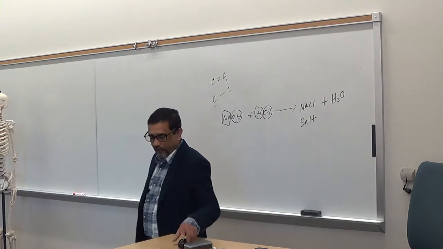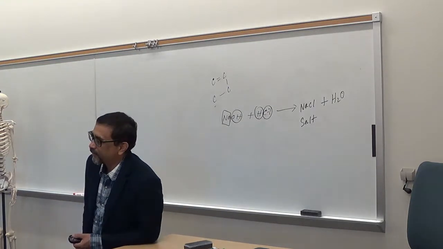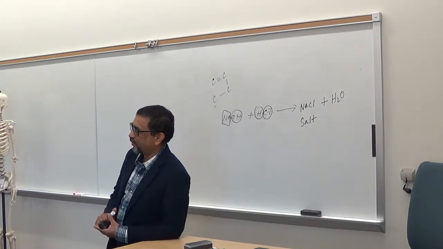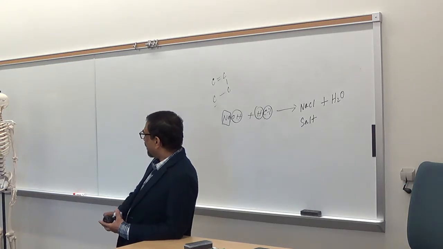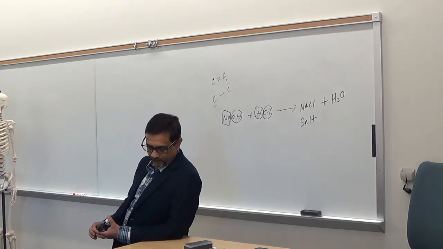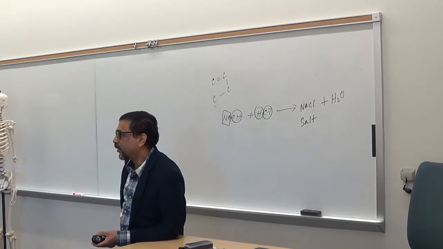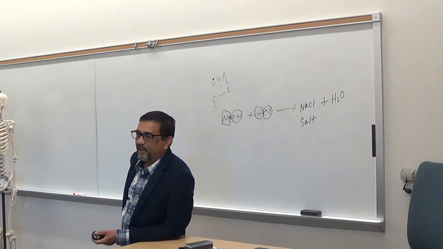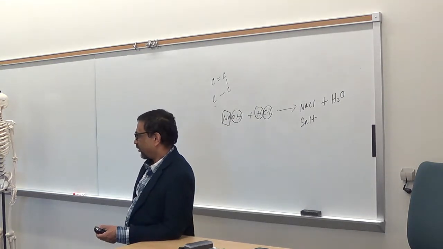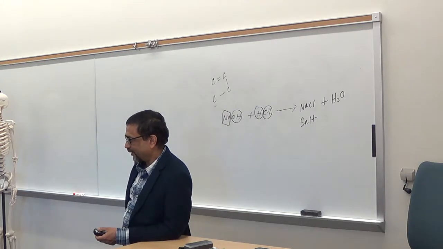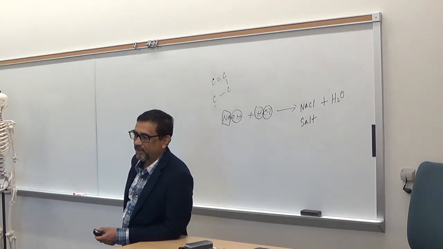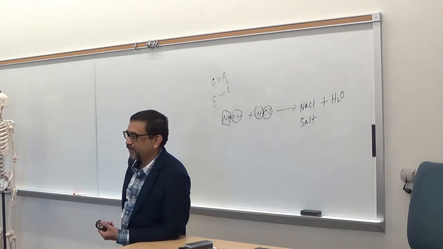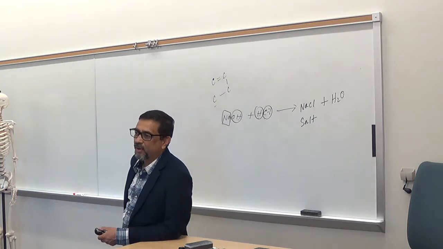Now, important properties of water. Water has some very important properties that help in our survival. One is called high heat capacity. What is this? High heat capacity means water can hold a lot of heat inside it, and it does not get cold or hot quickly.